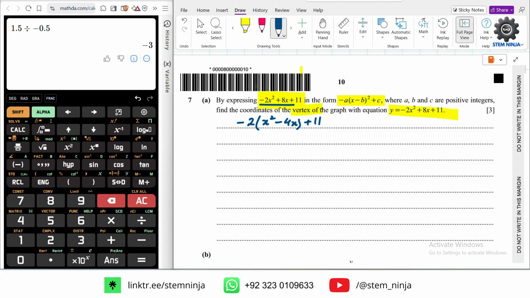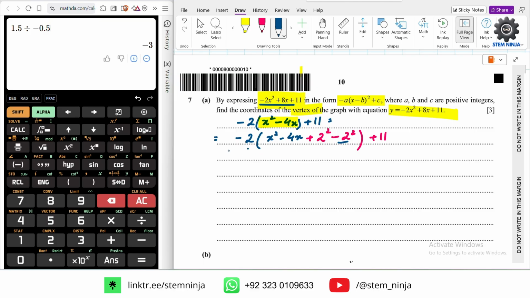Then, notice that this is the expression we need to complete the square for. So we do minus 2 x squared minus 4x plus 2 squared minus 2 squared plus 11. So this minus 2 squared will come out, but it first has to multiply with this minus 2.